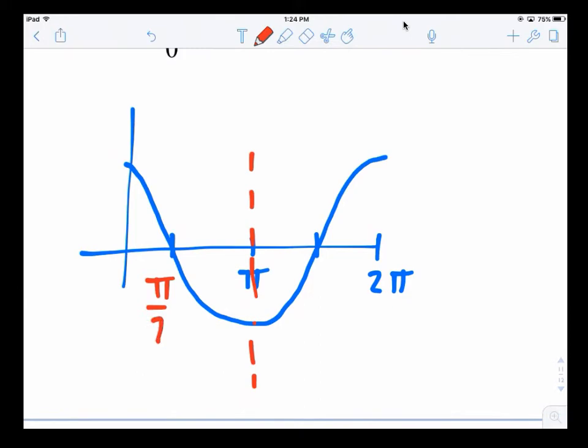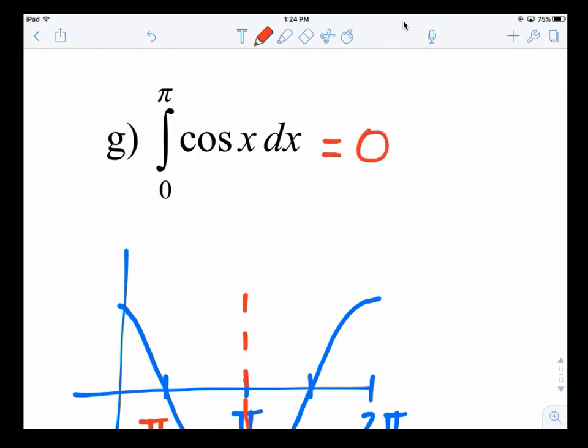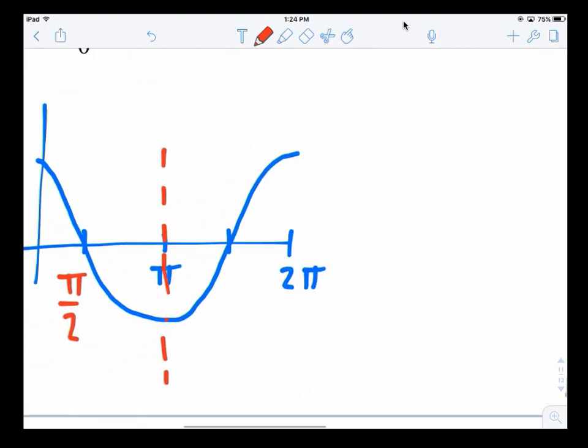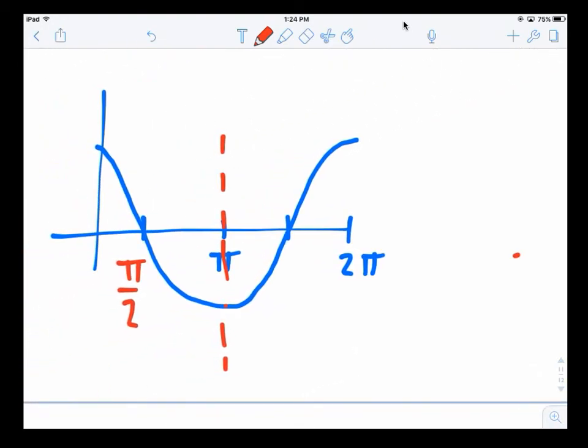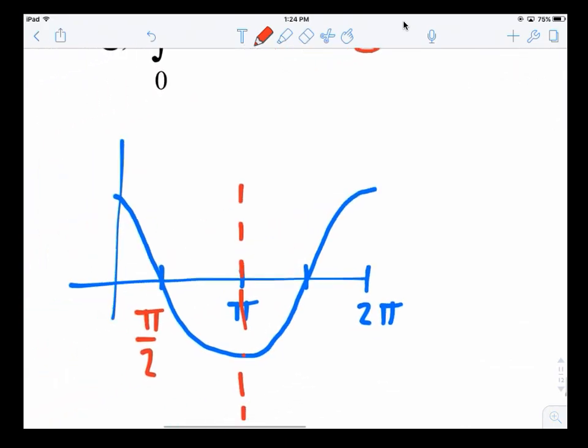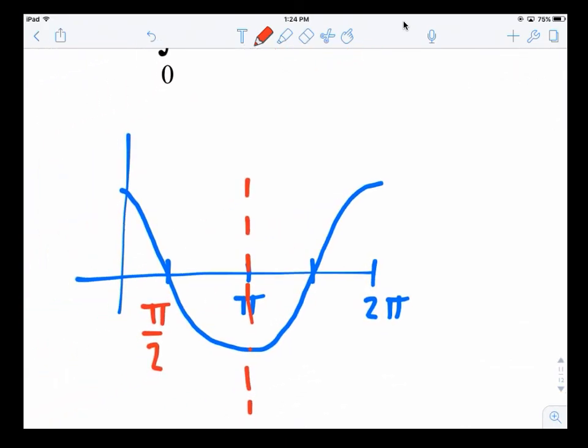This is pi halves, right? So if I'm looking at it from 0 to pi, this region should be the same as that, right? So whatever I gain, I then lose, right? So 0 to pi would be 0. And then 0 to 2 pi would be what? Would also be 0, right? Imagine this is like positive 1, negative 1, now you're at 0, negative 1, now you're at negative 1, you add another 1, now you're back to 0.